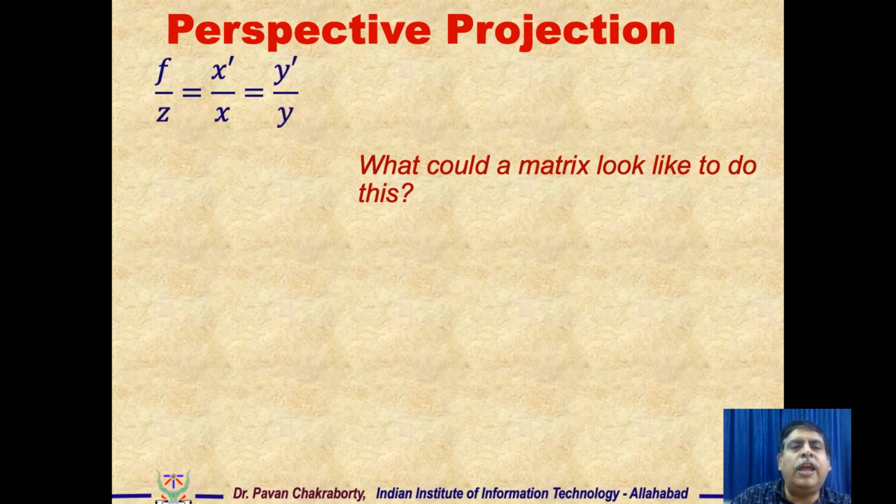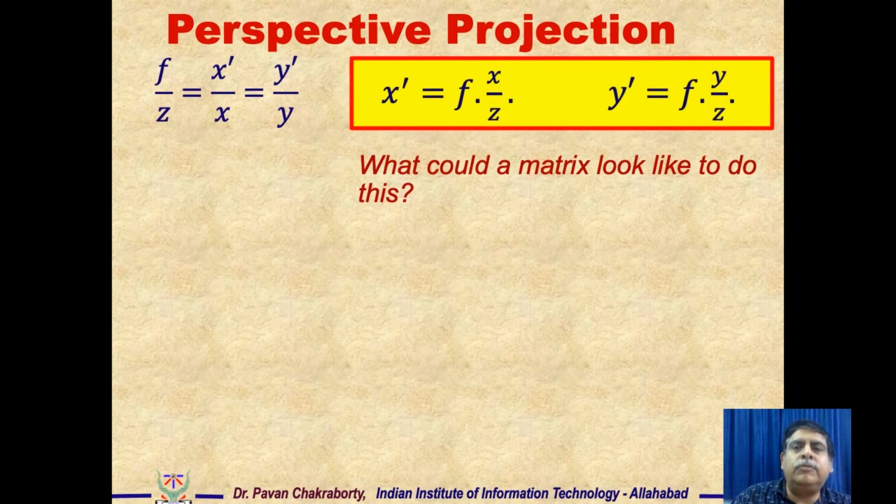So I have got f by z equal to x prime by x, y prime by y. So what could a matrix look like to do this? Now we have the relationship here: x prime is equal to f by z times x, y prime is equal to f by z times y.